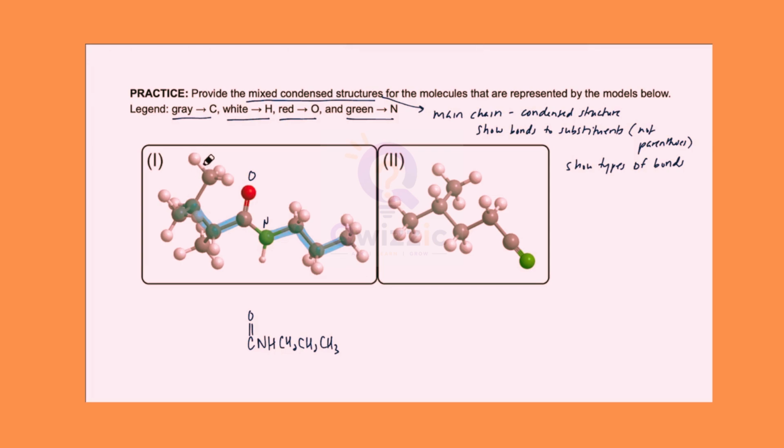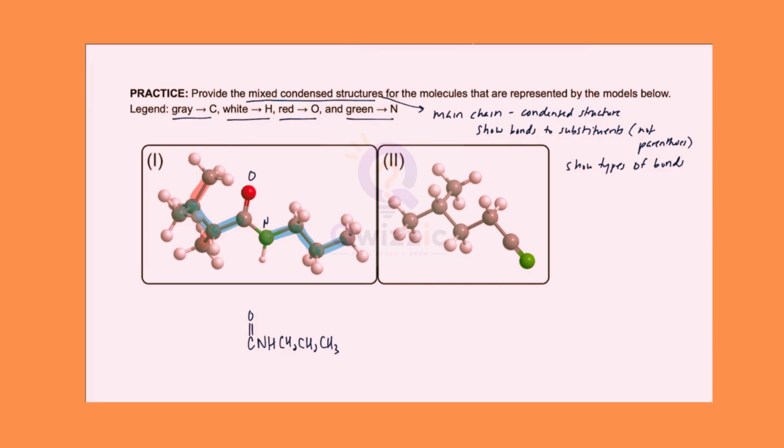So I highlight the bonds to the substituents in red. So from the first carbon out from the carbonyl carbon, there's a bond to a methyl group. And then again on that second carbon, it looks like it has 2 methyl groups. One we'll call part of the main chain, and then one will be a methyl substituent.